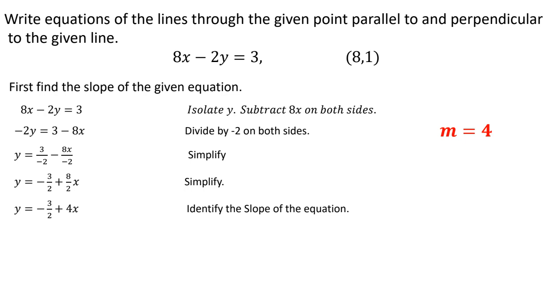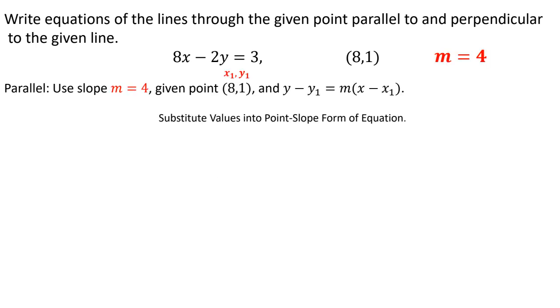Because again, the slope is going to tell me whether a line is parallel or perpendicular. So let's start with the parallel line. I'm going to use the point-slope formula since they're giving me a point and I have the slope, to come up with the equation that is going to be parallel to this line.